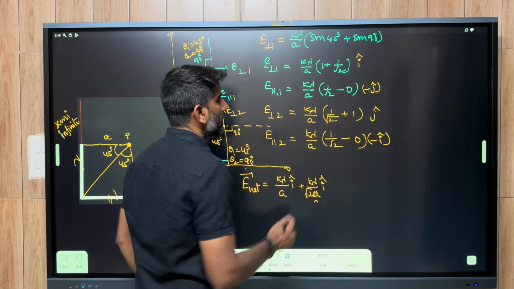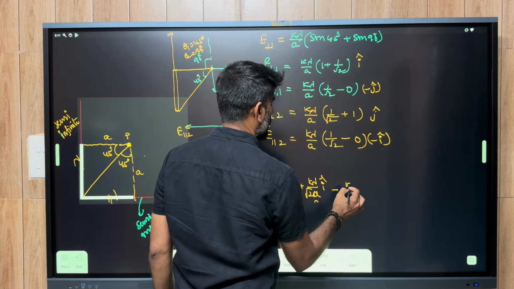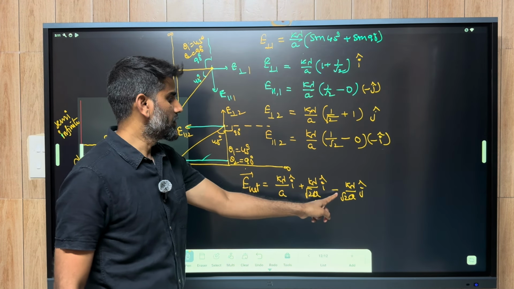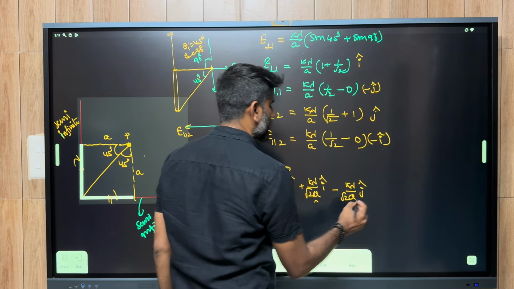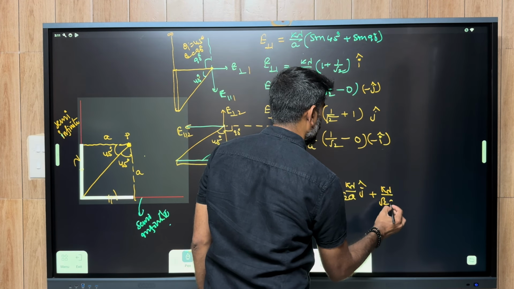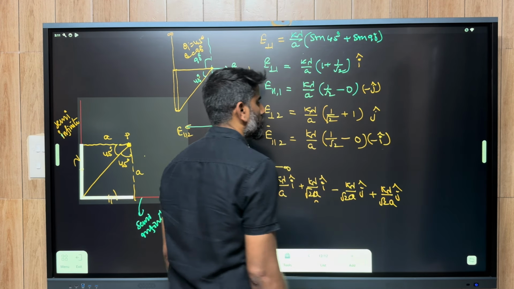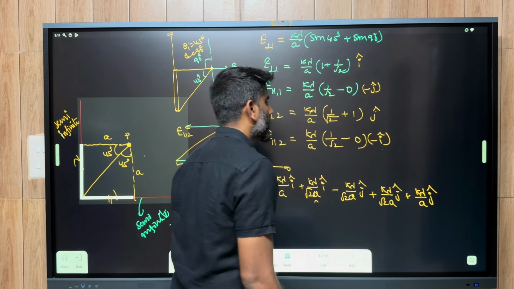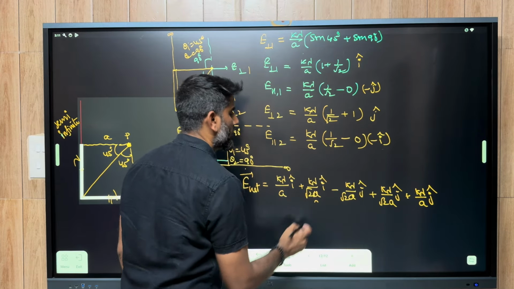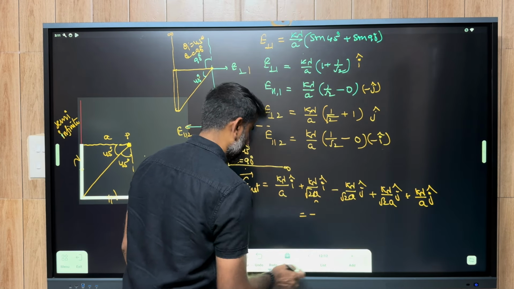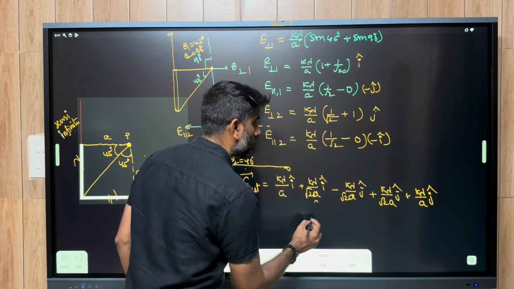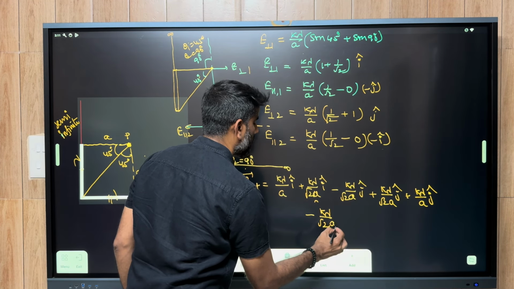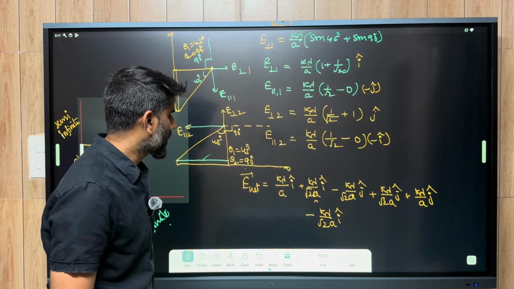I've written this expression as two expressions, and then this expression, minus k lambda by root 2 a j cap, with the minus sign multiplied before the expression, and here we have plus k lambda by root 2 a j cap, plus k lambda by a j cap, and then I am left with one more expression, which is minus k lambda by root 2 a I cap.